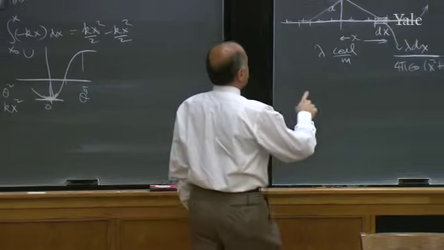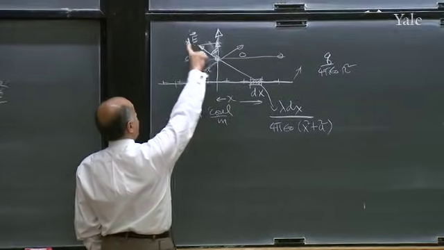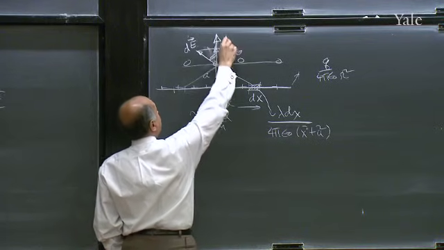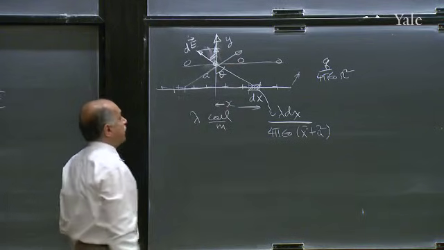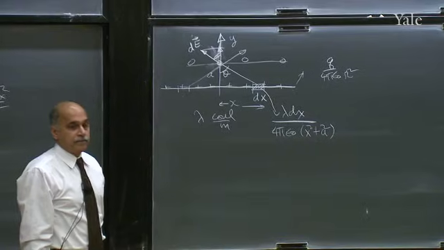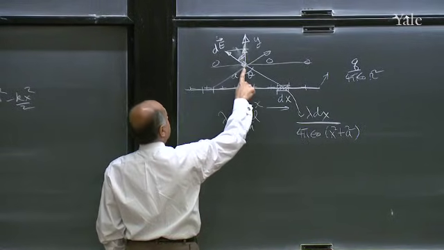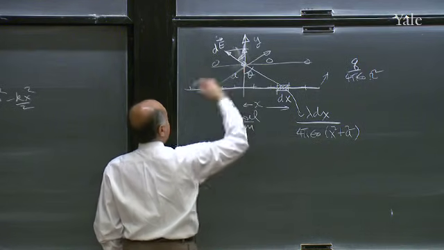But now, this is the magnitude of the electric field vector at this angle, and I want the part along the y direction. So I've got to take cosine of that theta. You guys follow that? If you took this vector, this part is dE cosine theta, that part is dE sine theta.